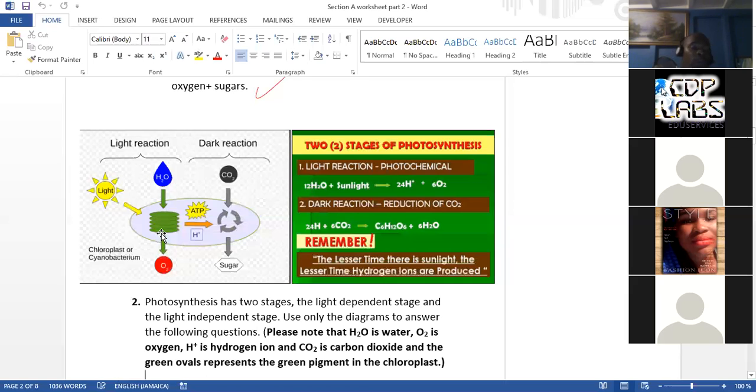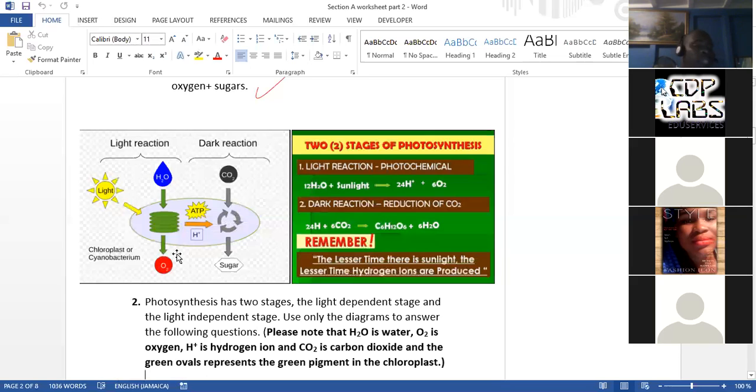Now, as you can see, you follow the arrows. The arrow pointing down suggests that water is entering the chloroplast. The arrow pointing from the sunlight suggests that light energy from the sun is entering the chlorophyll, which is this. Good? All right. Now, this arrow is pointing outside, coming from inside the chloroplast to outside of the chloroplast.